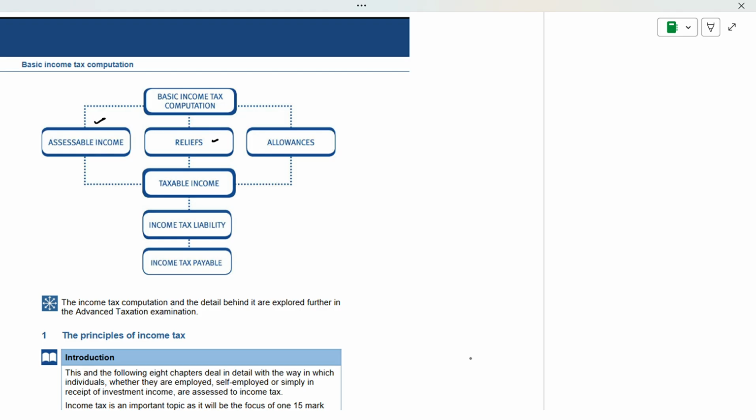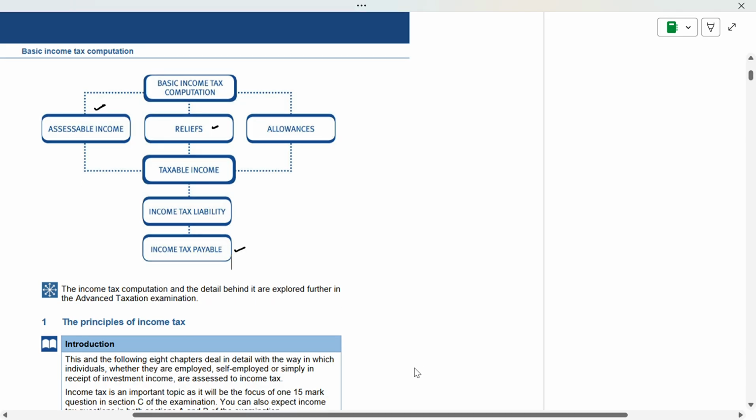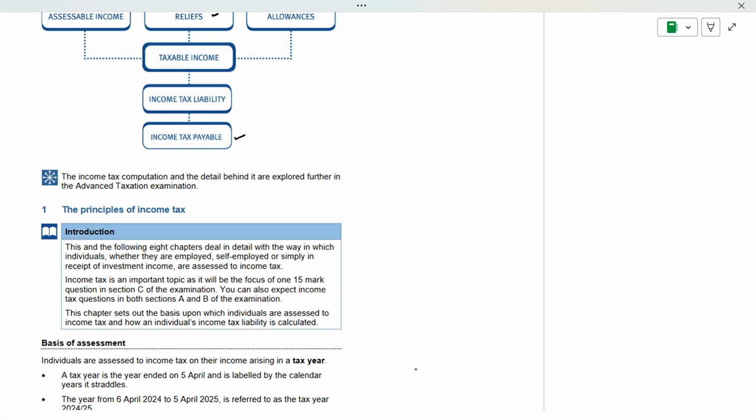On the taxable income we calculate the liability we have to pay, and how much tax we are going to pay on that liability. Different stages make it a complete one-question framework.